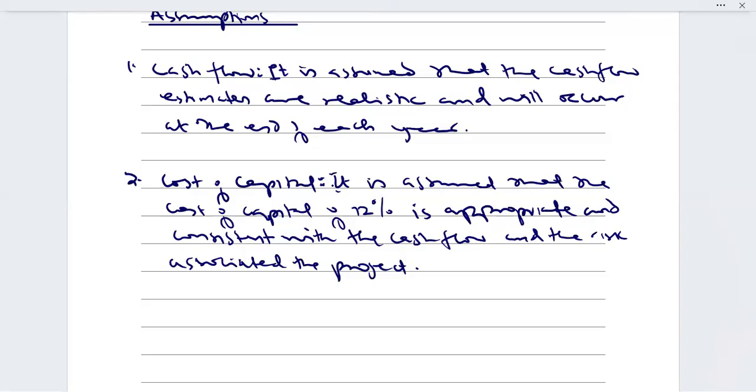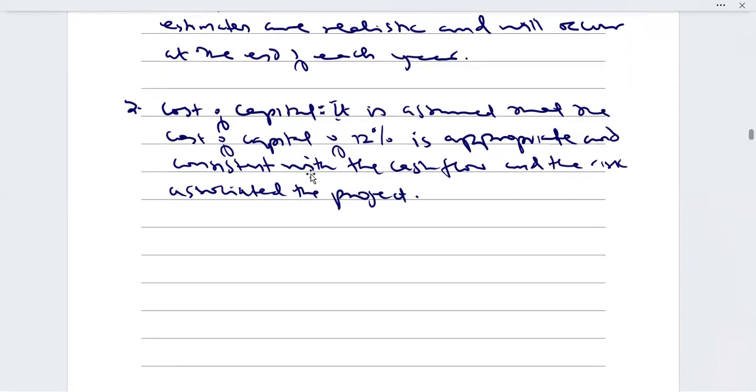Then assumption number three, you can talk about inflation. The examiner has given us inflation rates. So what's the assumption on inflation?